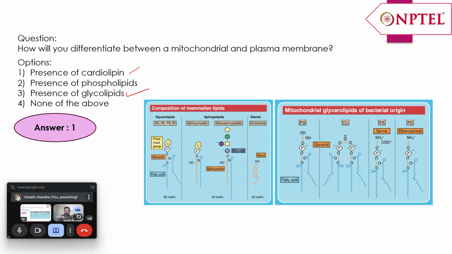Okay, so here we can see. As we know, there are different kinds of lipids that are present in the plasma membrane of animal cells. We have glycerolipids, we have sphingolipids, we have sterols. Okay, so in the case of phospholipids, the base is glycerol, and in the case of sphingolipids, we have a base called sphingosine.